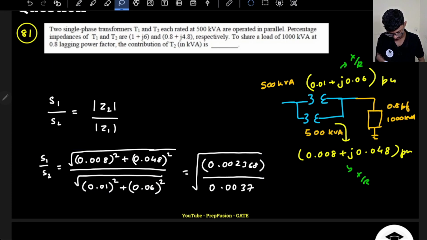So this into 0.002368 comes out to be 0.64. If I take the whole square root, this will be 0.8 only. So this will be 0.8.